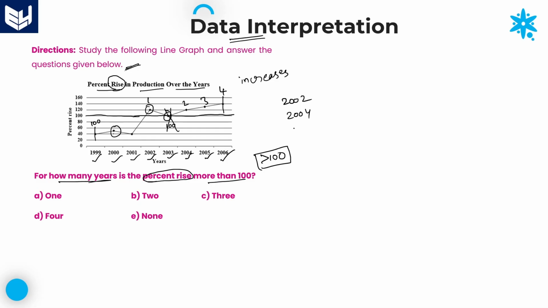Next 2004, after that 2005, and after that 2006. For these 4 years, the percentage rise is more than 100. Therefore, our required answer is 4 years, which is option D. Option D is the right answer.